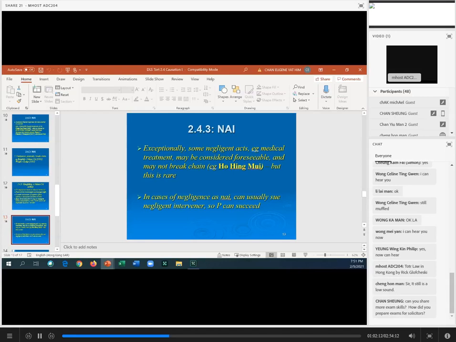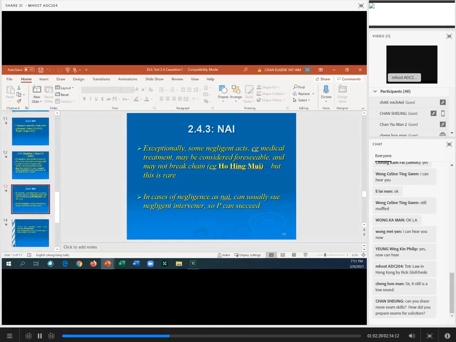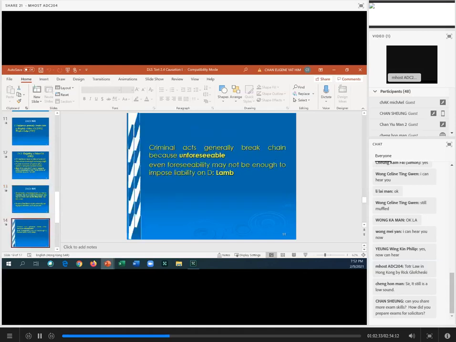This depends. It's a Hong Kong case, but it's pretty rare. In cases of negligence, as a Novus Actus Interveniens, the plaintiff can usually sue the negligent intervener, so the plaintiff can succeed. Again, it depends on the facts. And as long as you know the test: was the second cause reasonably foreseeable?